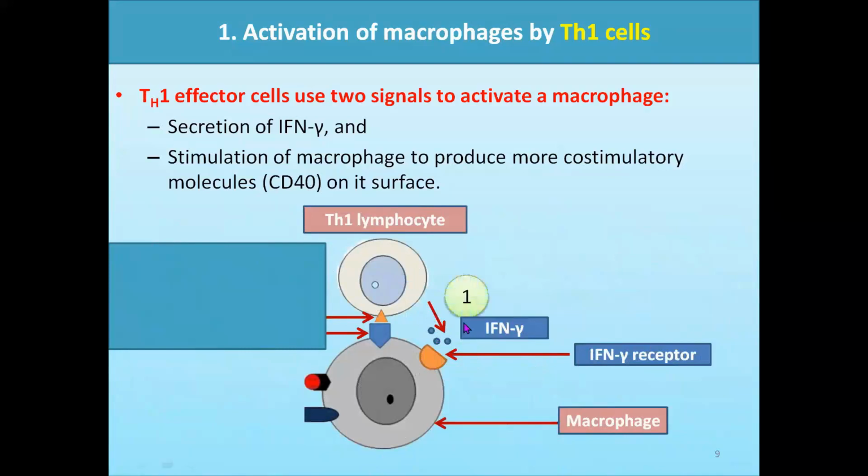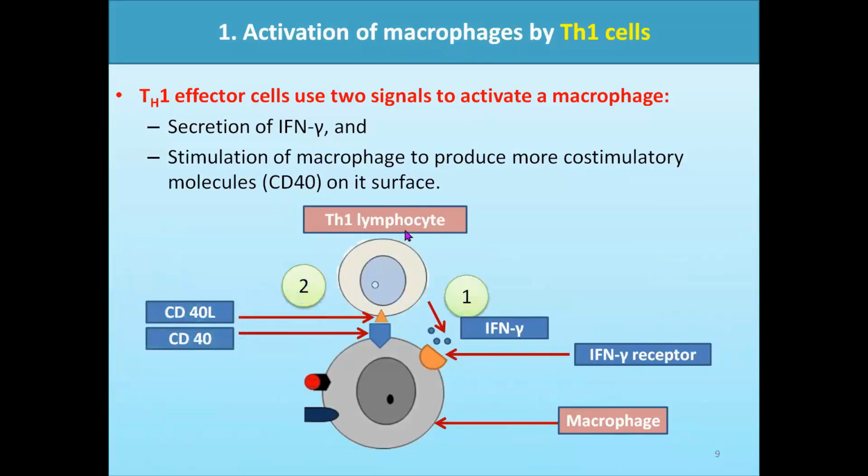The second signal is that Th1 lymphocytes induce macrophages to synthesize more CD40 co-stimulatory molecules. CD40 binds with CD40 ligand present on the surface of the Th1 lymphocyte. In this way, with the help of these two signals, a macrophage is activated.